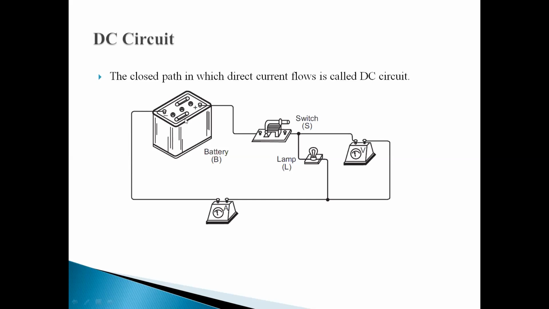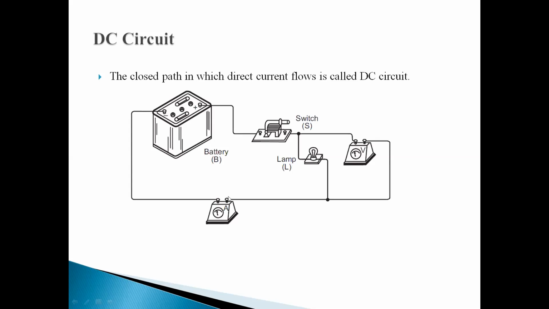The switch is powered by the battery and connected to the lamp. We connect these in a circuit which is called a DC circuit.